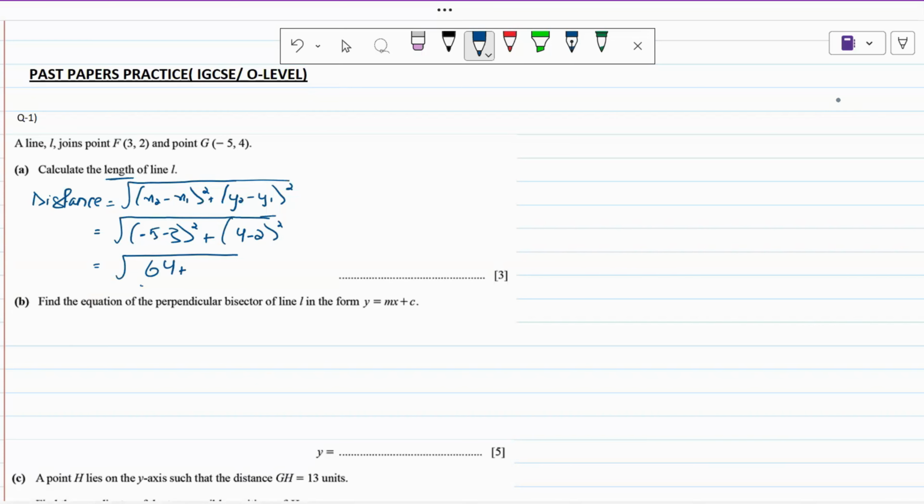And 4 minus 2 is 2, and 2 squared is 4. We get the final answer, in surd form, as the square root of 68.